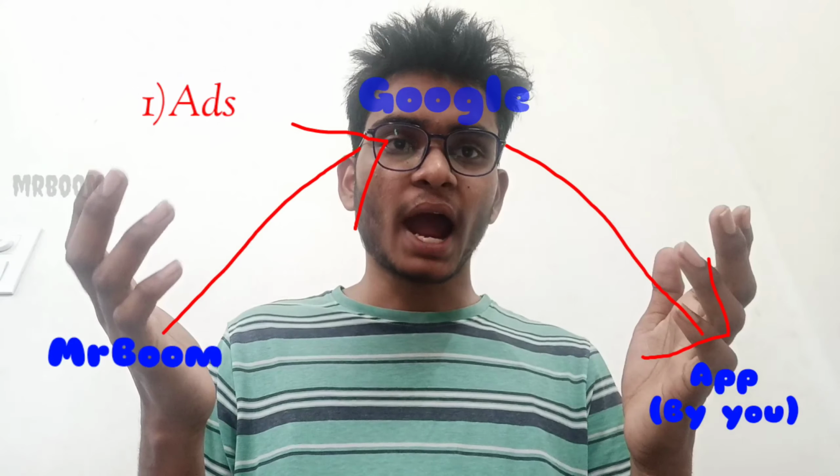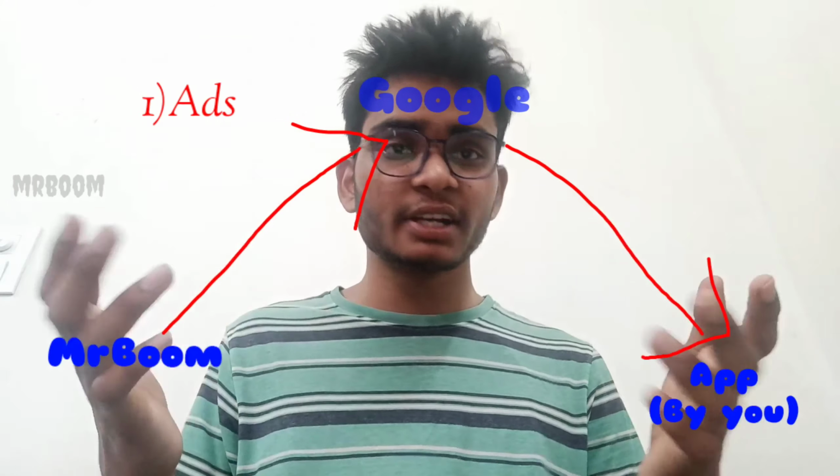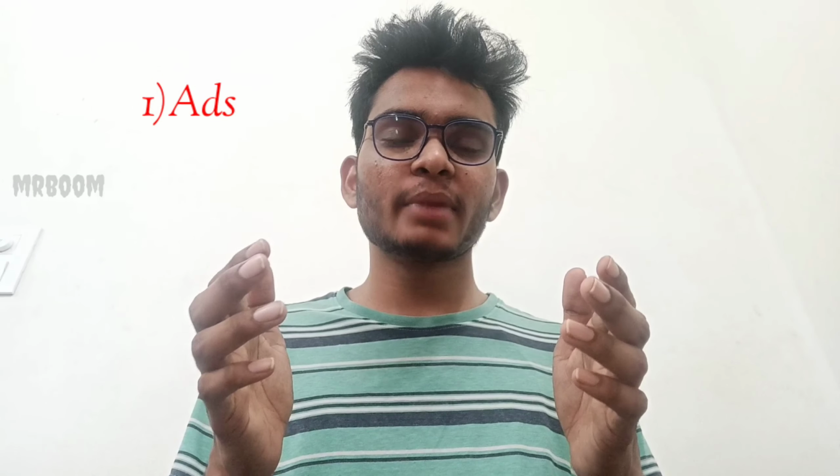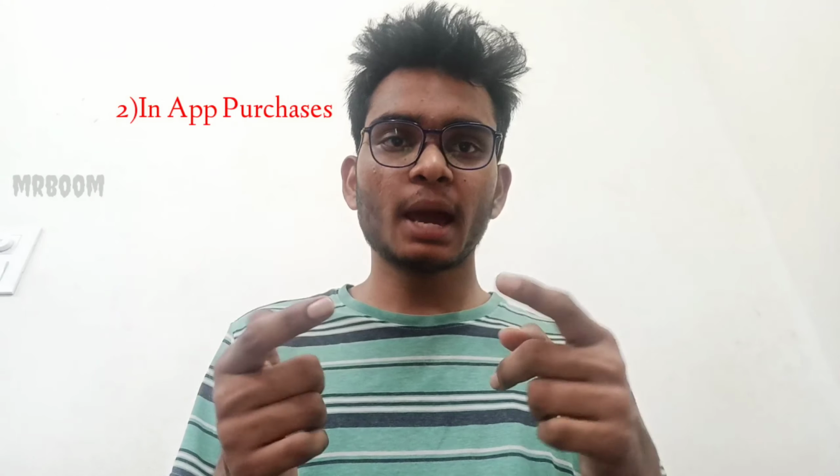So this is how ads work, and there are many different types of ads. Some of them are banner ads and video ads, which we see in apps in day-to-day life. So ads are one of the best ways to make money through our Android apps. The second way of making money is in-app purchases.